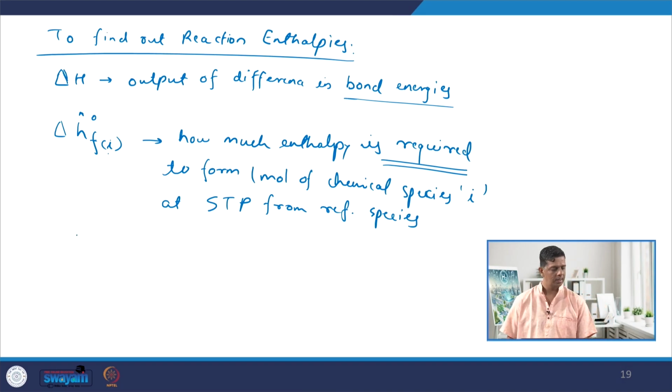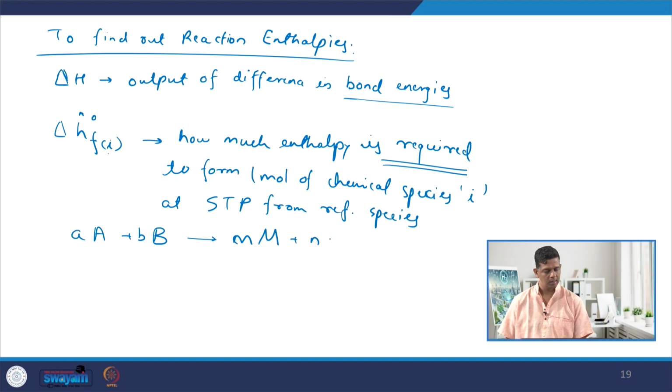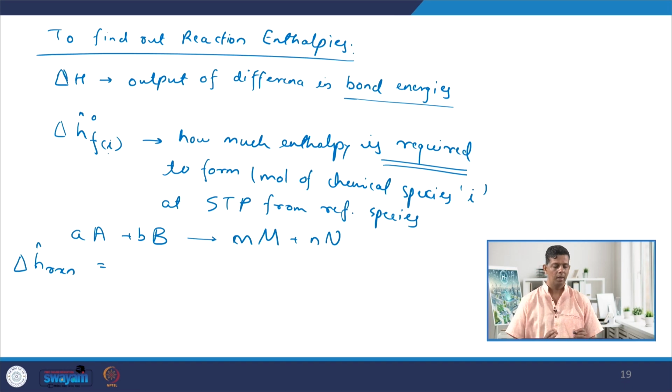So, if I generalize, let us say we have a reaction small a A plus small b B going to capital M plus capital N. So, there are reactant species A and B converted into M and N, that is product species. I can write enthalpy of this reaction as, like I said earlier, we have to subtract the reactant species and their formation enthalpies from the product formation enthalpies.